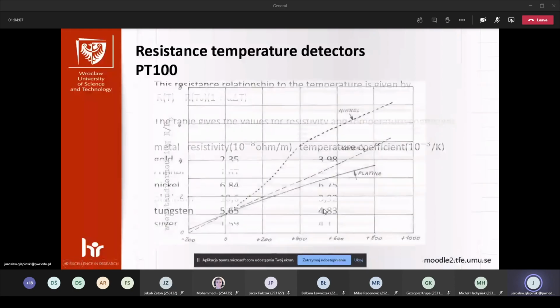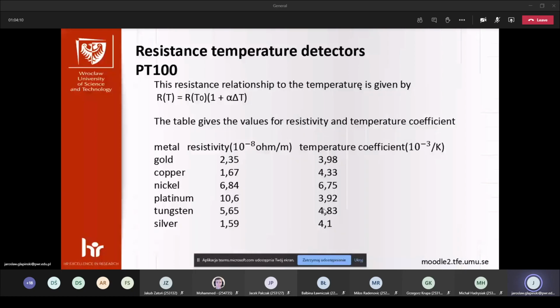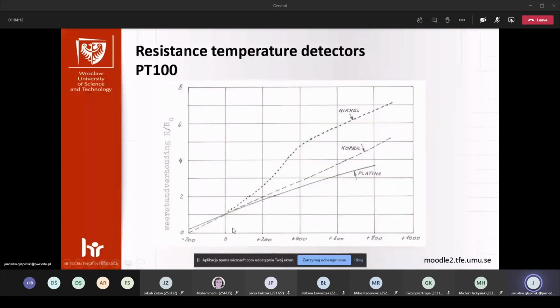But if we measure the difference of the resistance due to the temperature in a wider range of temperature, we can see that some of them are linear and some of them are not linear.